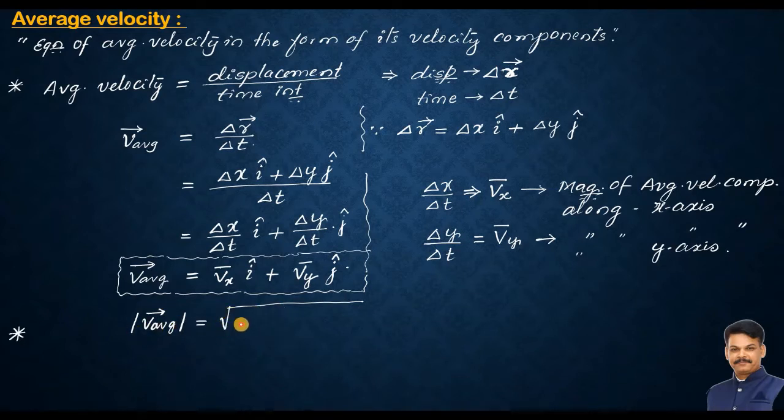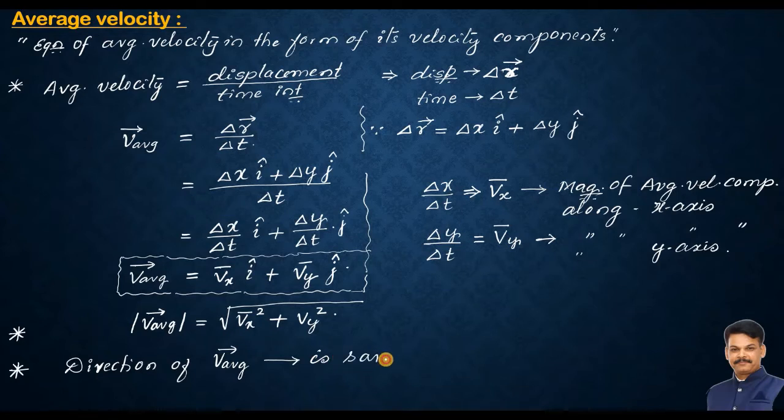It can be written as the square root of Vx square plus Vy square. So this is the magnitude. Then in what direction does this average velocity take place? If I want to know the direction of average velocity, its direction is the same as that of the displacement vector.